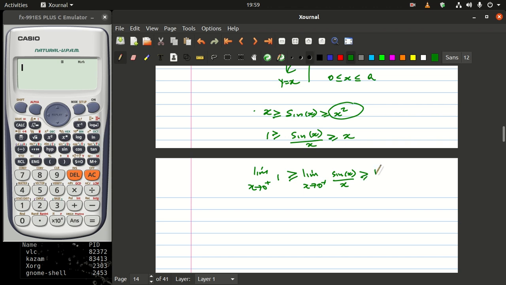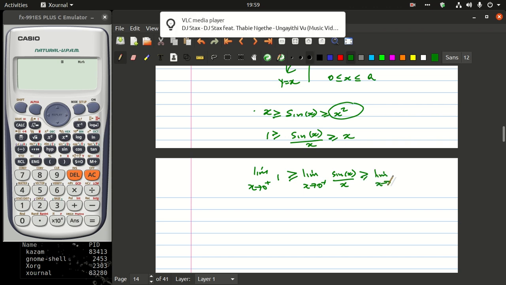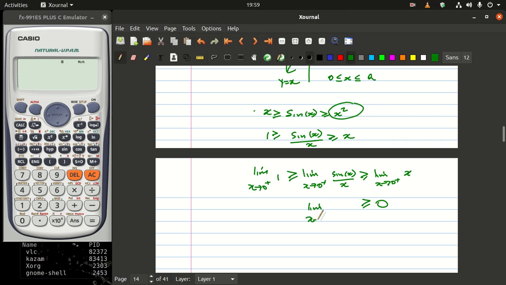This one must be greater than or equal to the limit as x approaches 0 on the right of x. If I'm plugging 0 here, I will end up having 0. The limit of a constant is always going to be that constant.